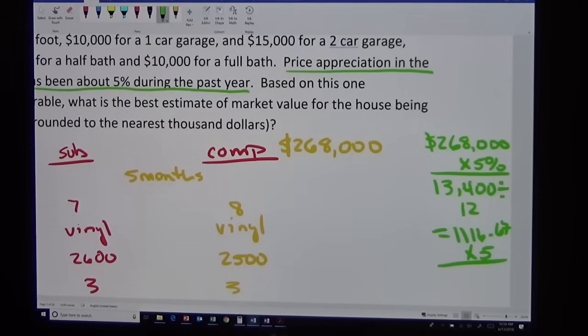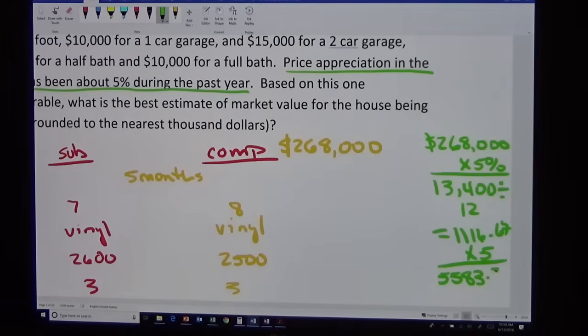So that's a total appreciation adjustment of $5,583.33. And appreciation is a positive adjustment, so it's going to be plus $5,583.33.